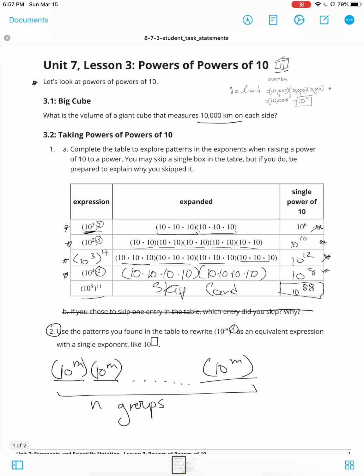So how many total tens do we have? Well, we have n groups of m, which is multiplication. So we're going to have a total of n times m tens. So I can write this as 10 to the nm.